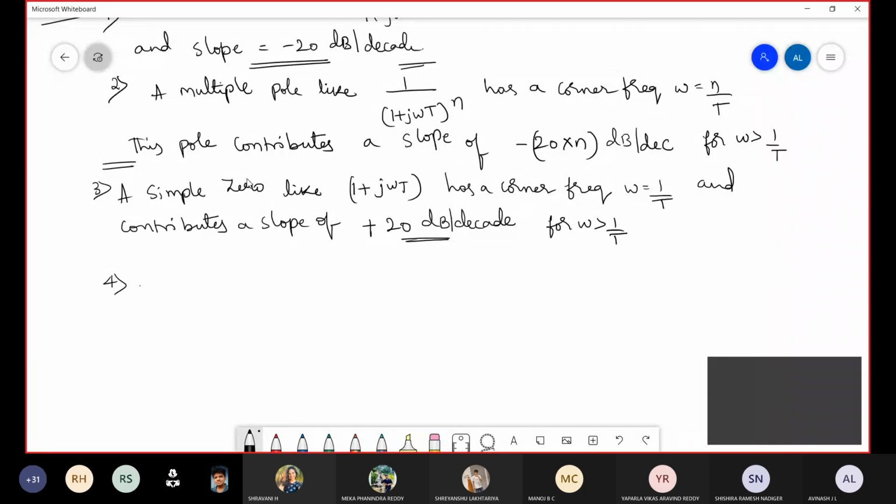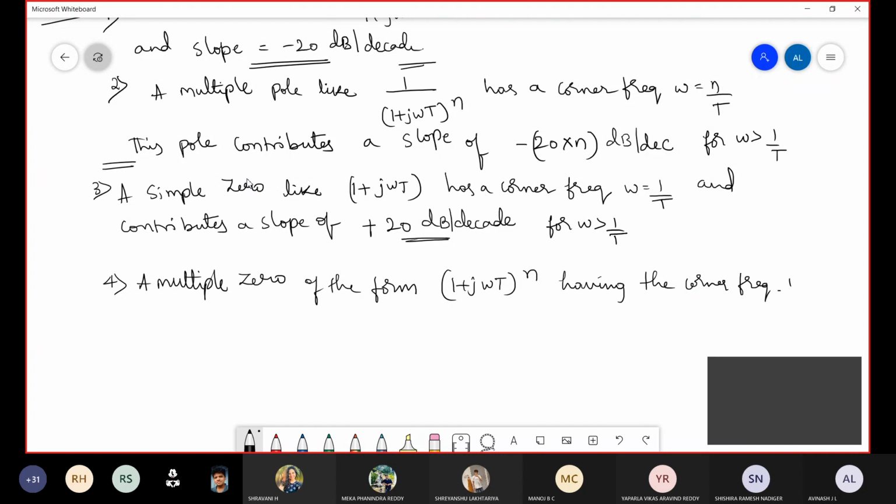For a multiple zero of the form (1 plus j omega t) whole to the power of n, the corner frequency is also 1 by t, equal to omega.